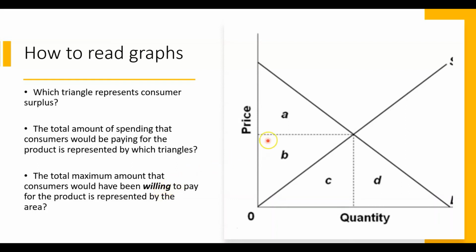So that would be what they actually paid, B and C. And they would have paid A because remember that consumer surplus is what consumers are willing to pay minus the price paid. So in this case, triangles A, B, and C would demonstrate the amount that consumers are willing to pay.